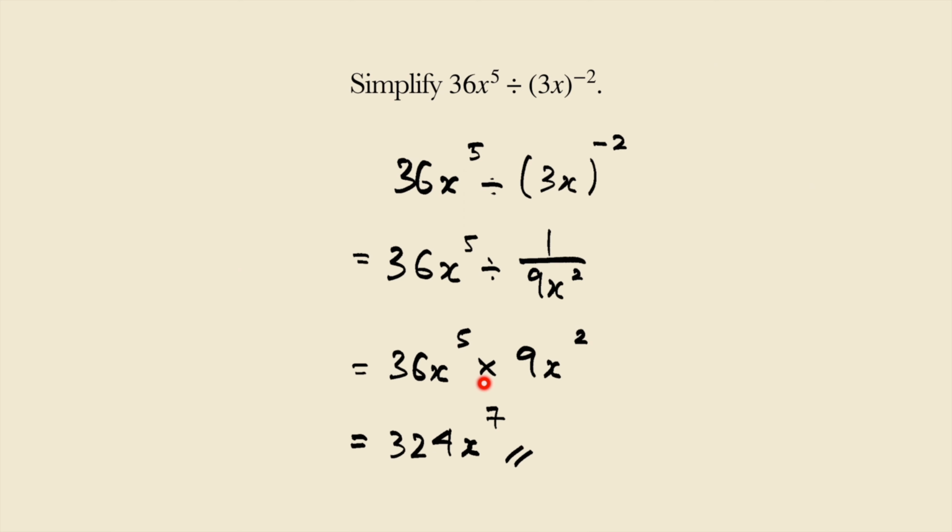This division changes to a times, and you flip this, it becomes multiply 9x squared. Now focus on the coefficients. You see the 36, multiply the 9, 3 to 4. So base x, we add the powers together when you multiply. So 5 plus 2 is therefore x to the power of 7.